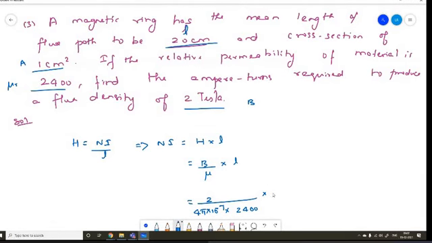So if you express it in meter, it is 0.2 meter. So you can find out what is the ampere turns. It must be getting around 132.69 ampere turns. So this is again direct substitution.